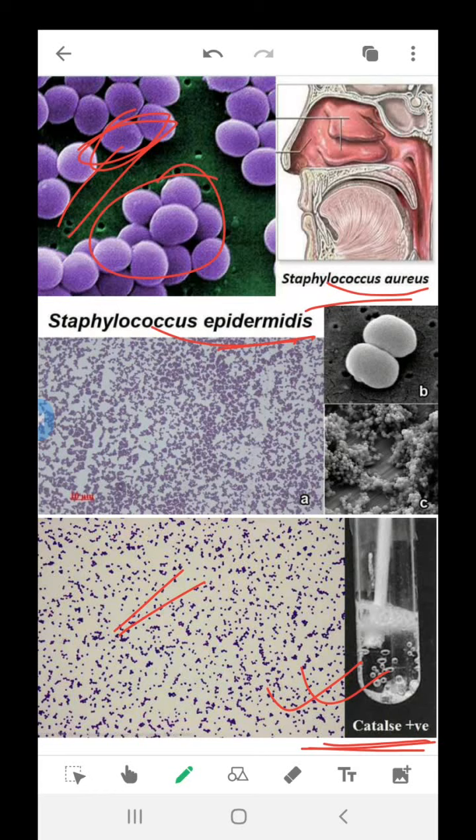Now, the last point is coagulase negative staphylococci. Staphylococcus epidermidis is the most common of the coagulase negative staphylococci encountered in clinical infections. They are considerably less virulent as pathogens than Staphylococcus aureus. These coagulase negative species are most commonly encountered in association with prosthetic devices.